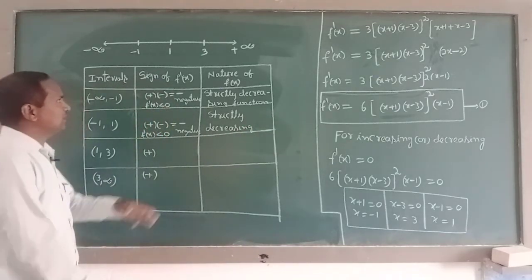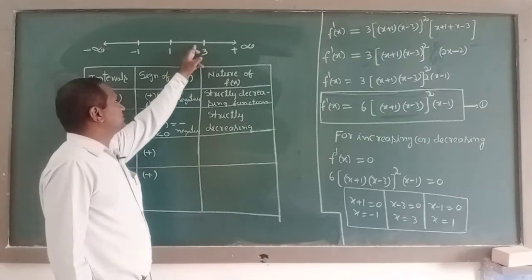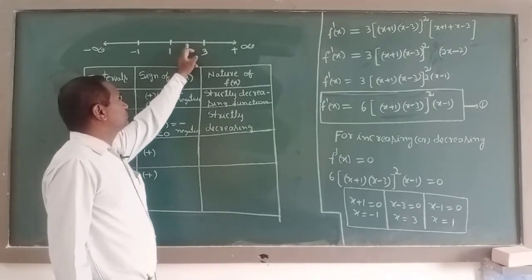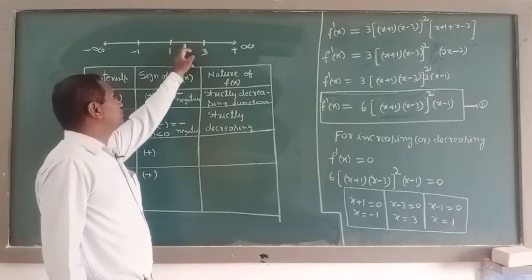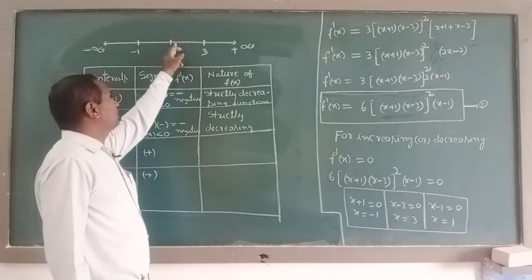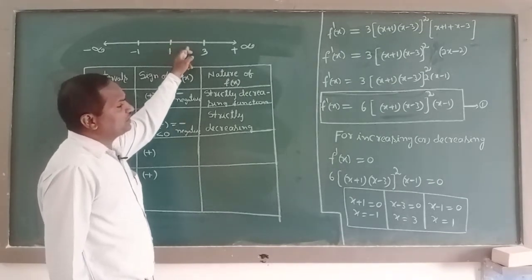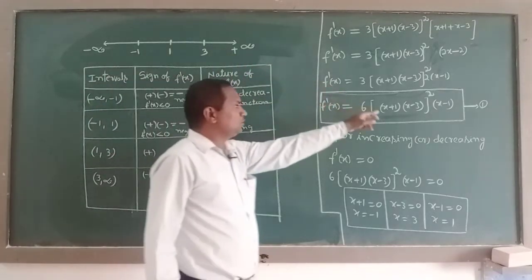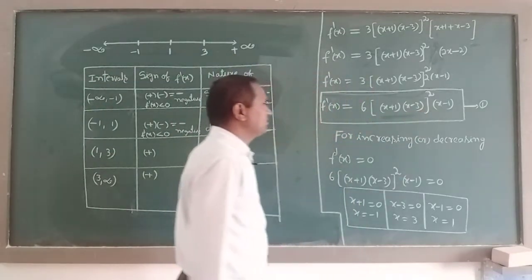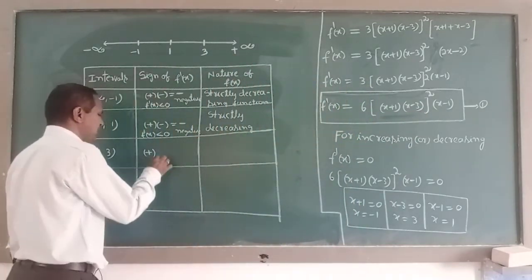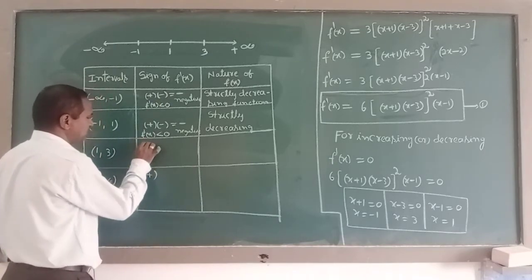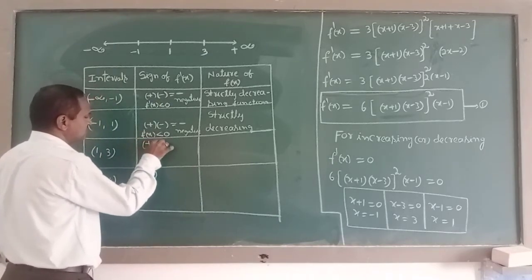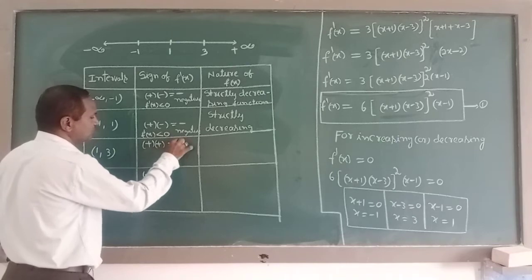Next, 1 to 3. Before 3, numbers like 2, 2.1, 2.2, 1.5 will come. Better to select 2, enough. 2 minus 1 means plus 1, and plus 1 means plus. Plus into plus is equal to positive here.